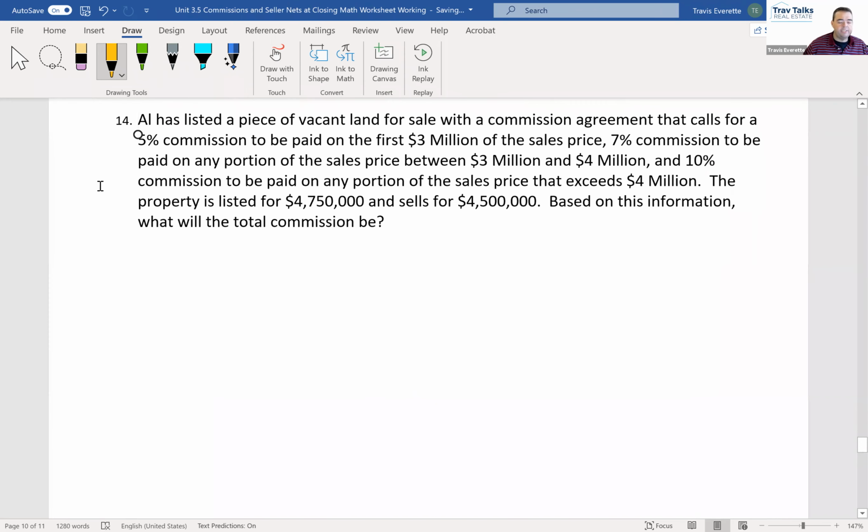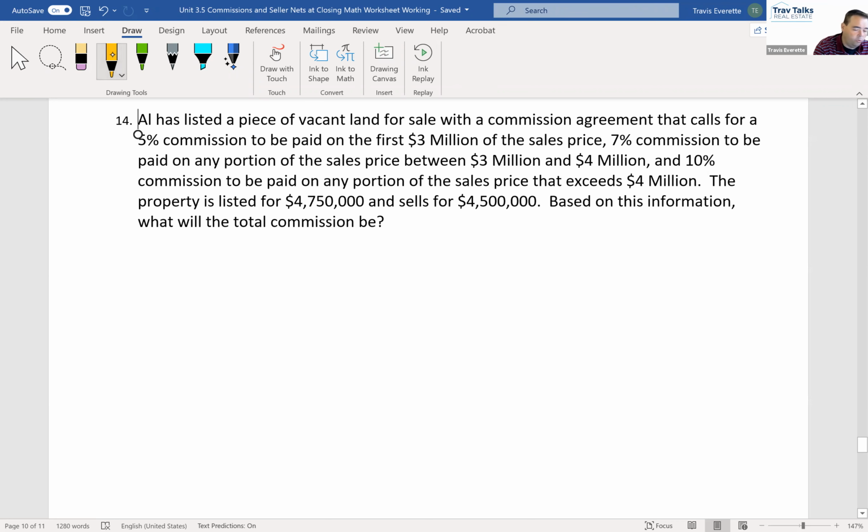14 says, Al has listed a piece of vacant land for sale with a commission agreement that calls for a 5% commission to be paid on the first $3 million. I think I know what I'm going to be doing here based on that, but I'm going to keep reading. 7% commission to be paid on any portion of the sales price between $3 million and $4 million. Now I know what I'm doing.